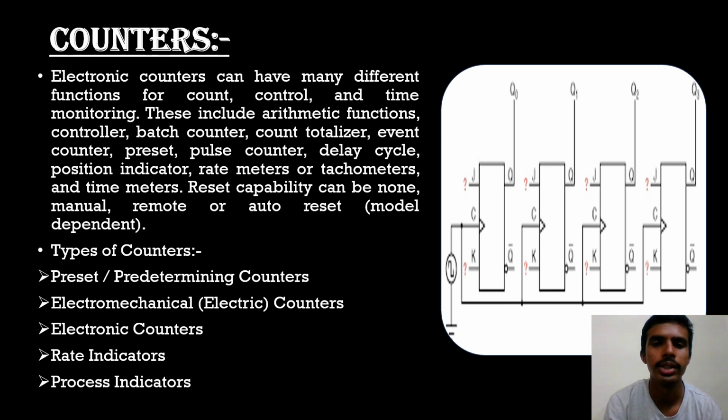Reset capabilities of the machine depend on the model, such as none, manual, remote, or auto reset. And let us understand the types of counters, that is preset or predetermining counters, electrochemical counters, electronic counters, rate indicators, process indicators.